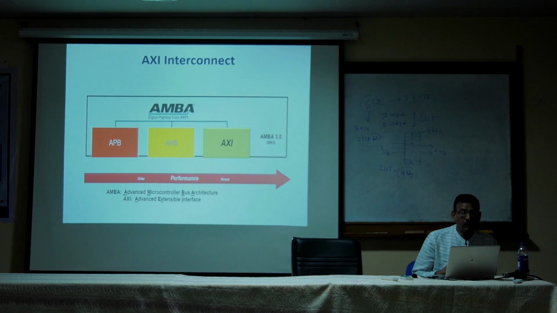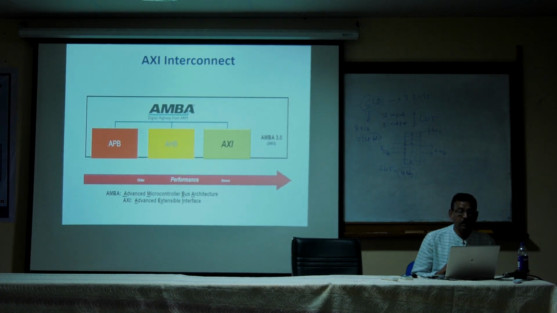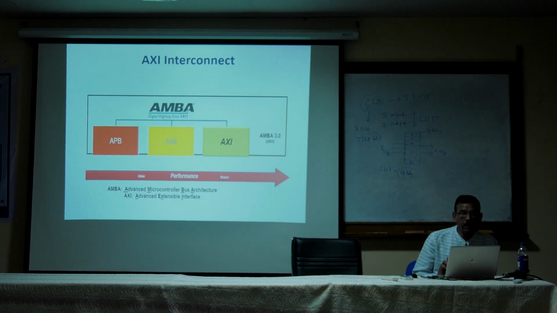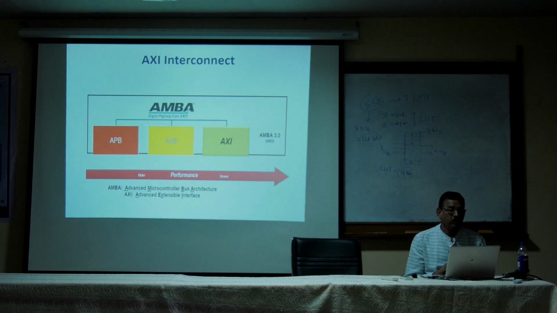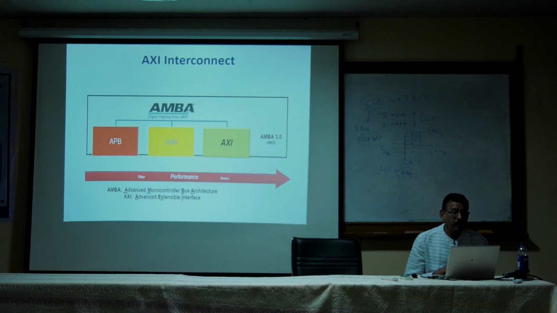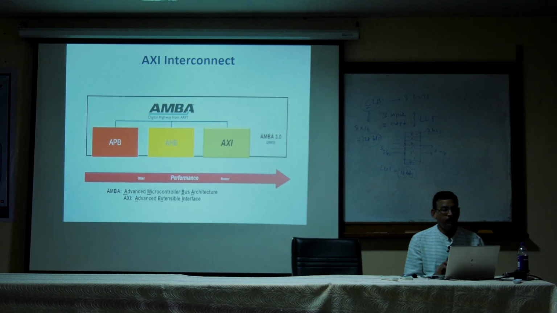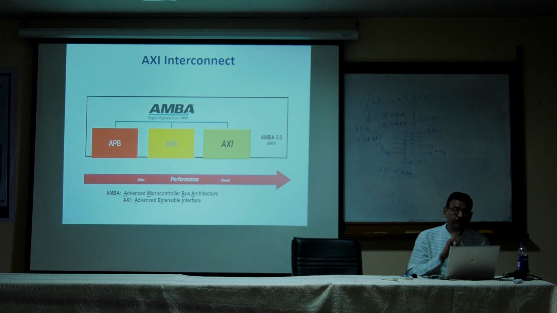This is the AMBA interface, and AMBA is Advanced Microcontroller Bus Architecture. This is for interconnecting the FPGA fabric with the processor core. So APB, AHB, AXI are sub-interfaces of AMBA 3.0.